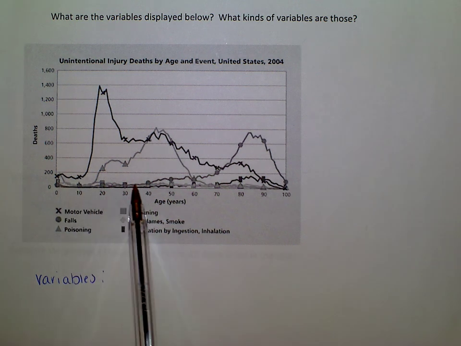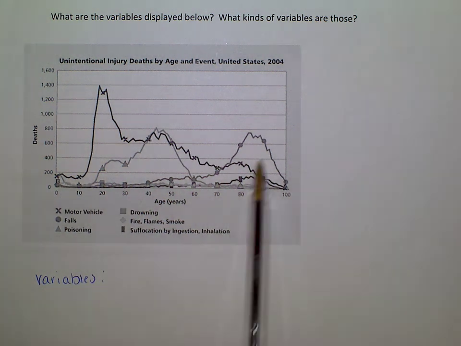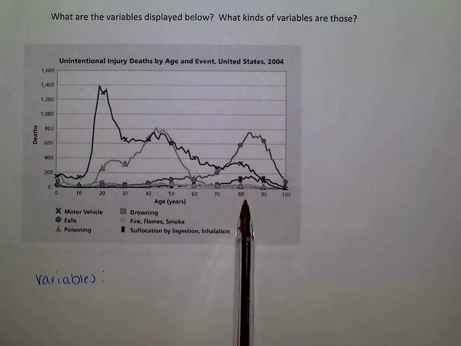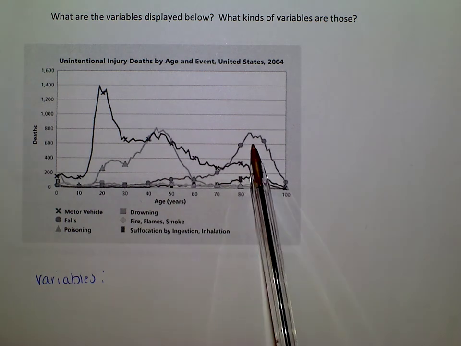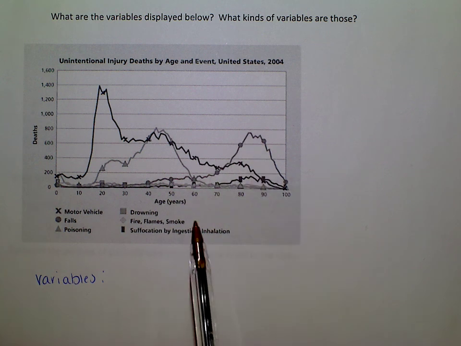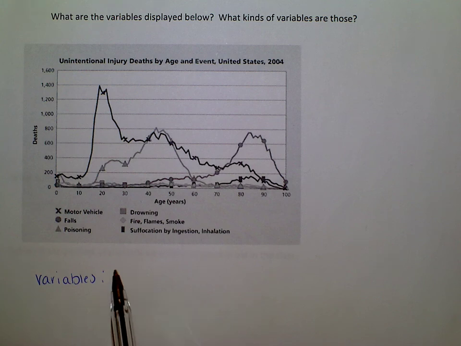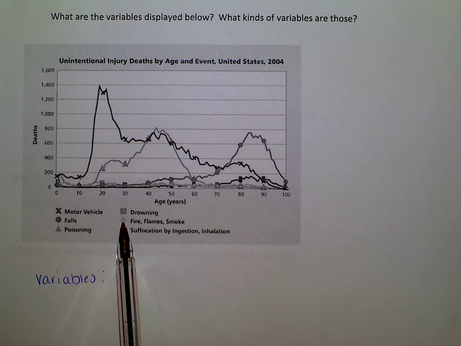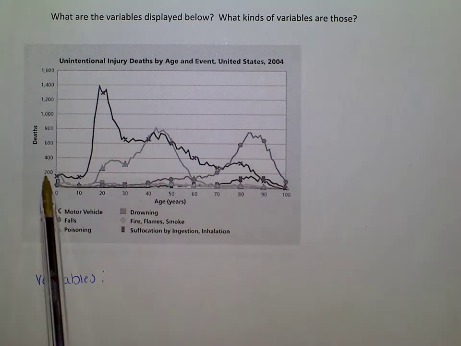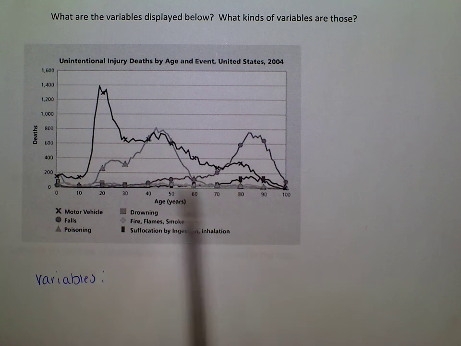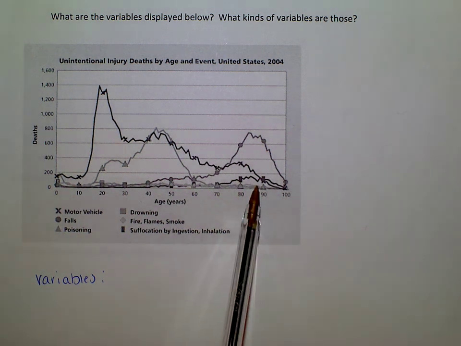Not a whole lot of deaths because somebody fell until you get over here where it says, as you age, as you get older, a fall can be deadly. Another interesting one I thought was the fire one never really goes up, I believe. So not a whole lot of people are experiencing unintentional deaths by fire.